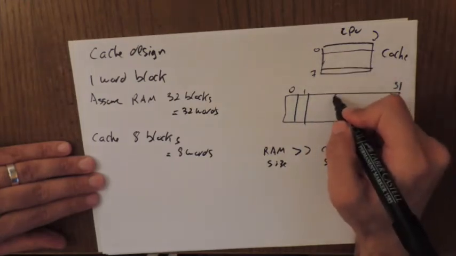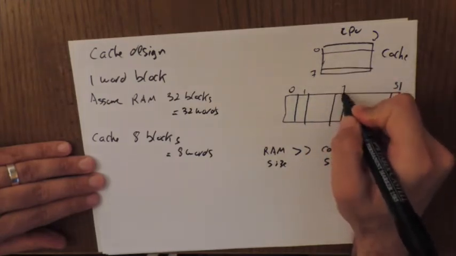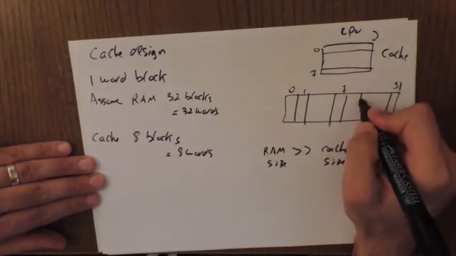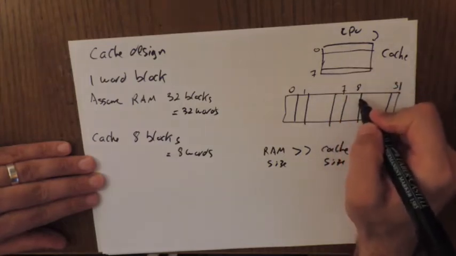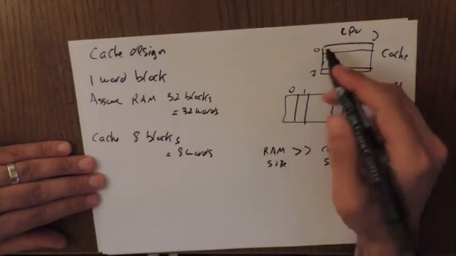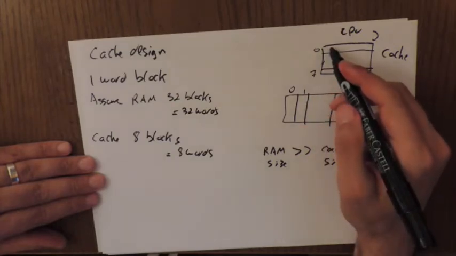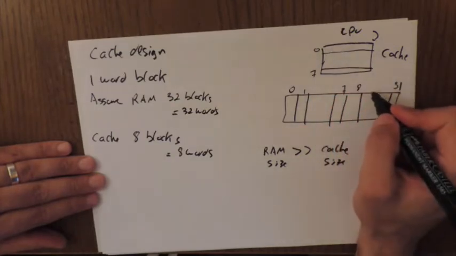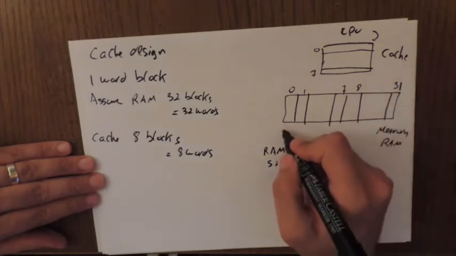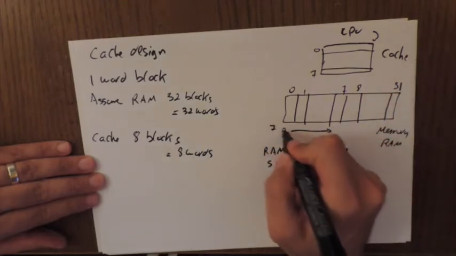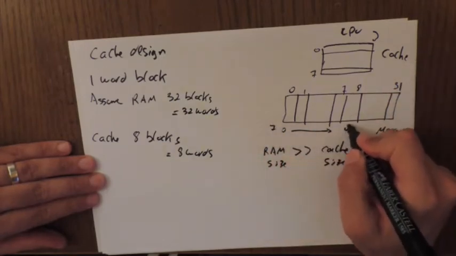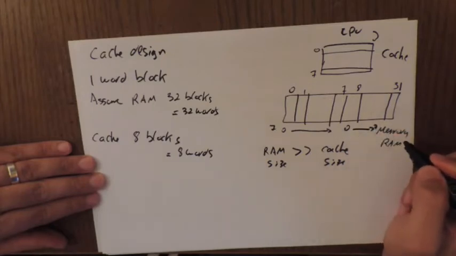But what happens when I reach 7? The cache is full. What about 8? 8 should fill again from 0, 9 from 1, so this will go from 0 to 7 in cache, and then 0 to 7 in cache again.